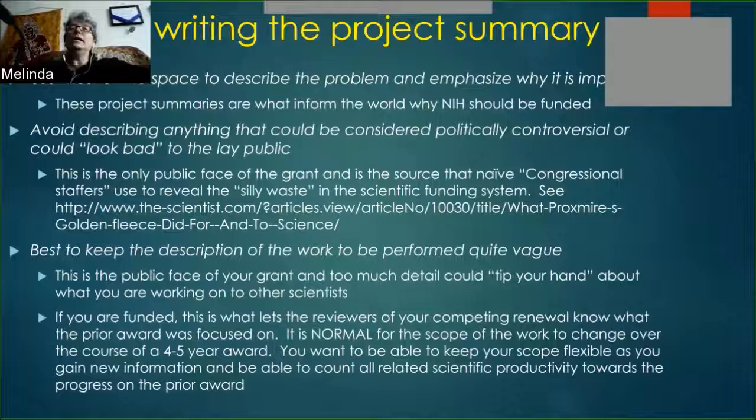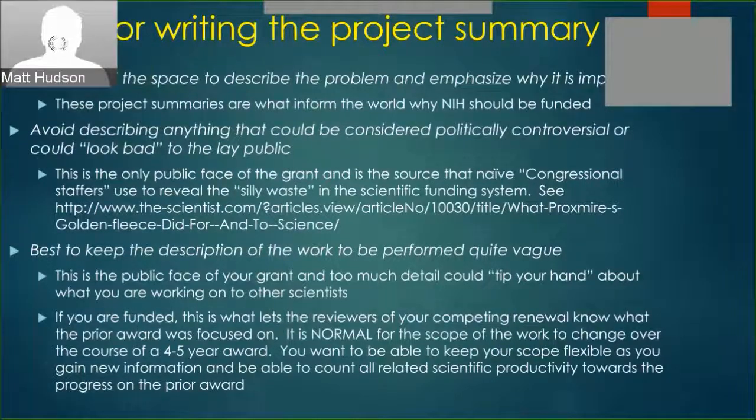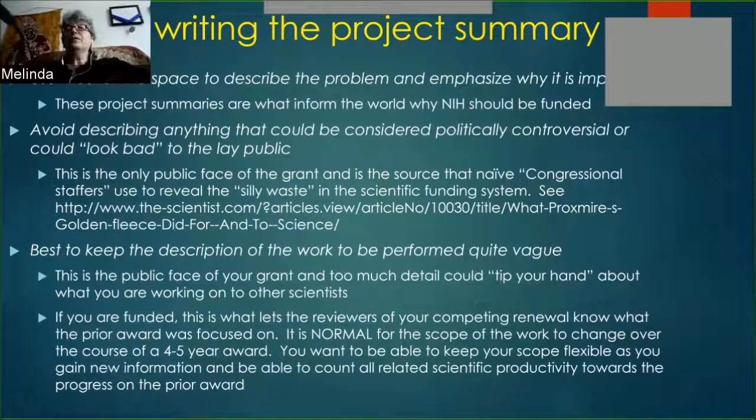Why are we wasting money studying certain things? It was just that the description of the research was very specific and didn't actually emphasize why anybody would care. And this allowed some really important research studies to get targeted as silly waste, fraud, and abuse.